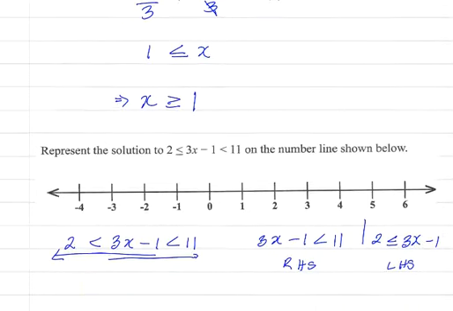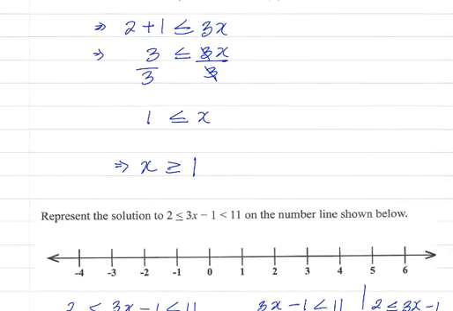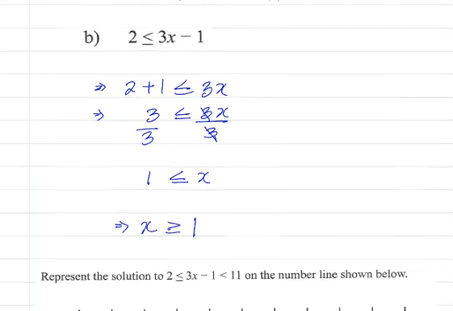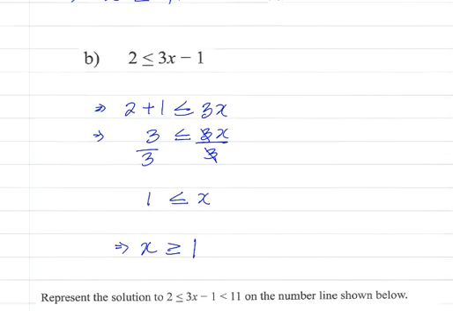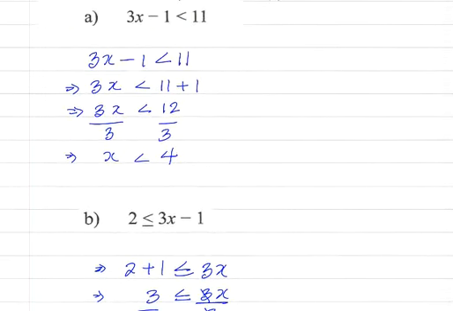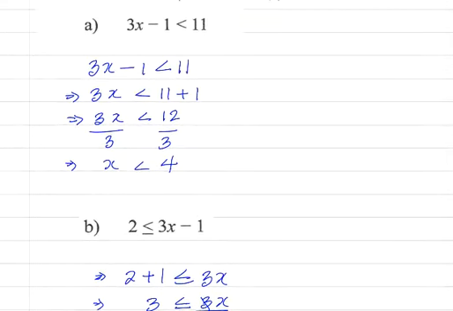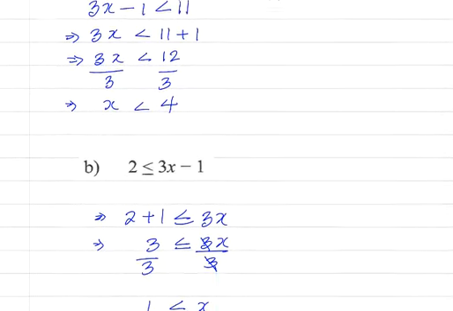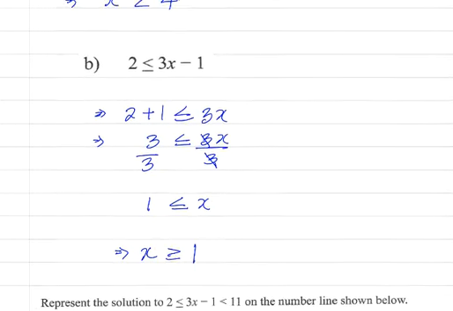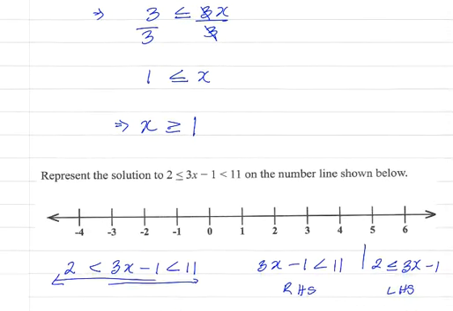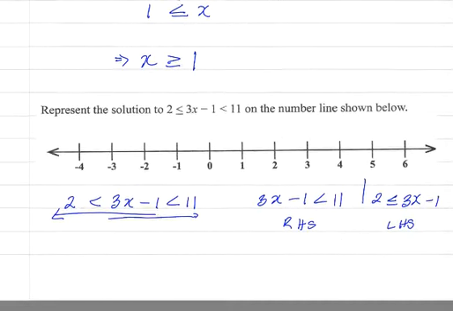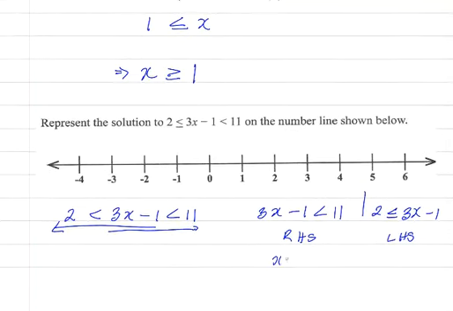The solution for the right hand side is x is less than 4, and the solution for the left hand side is x is greater than or equal to 1.